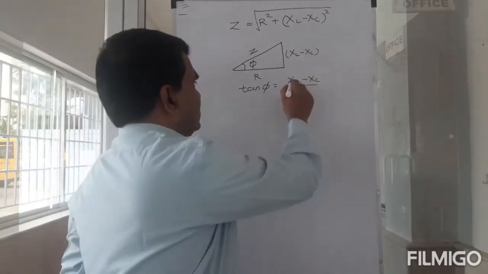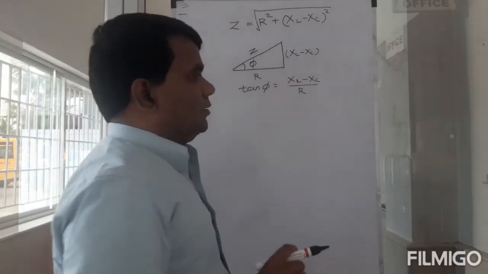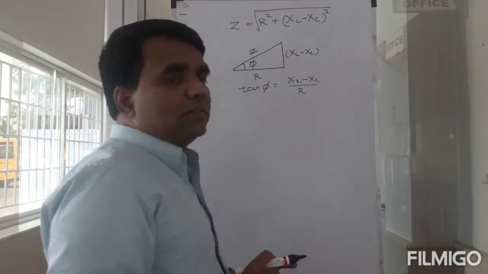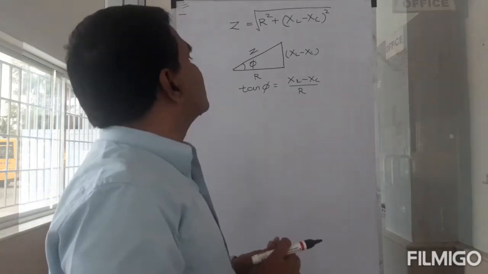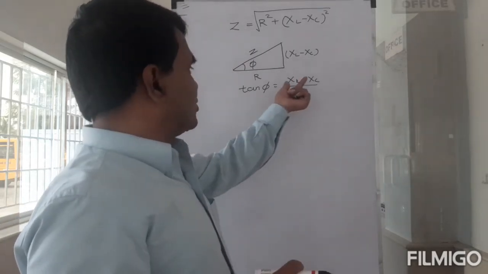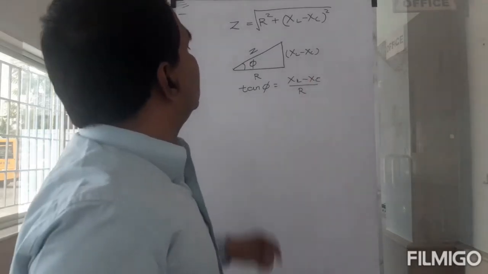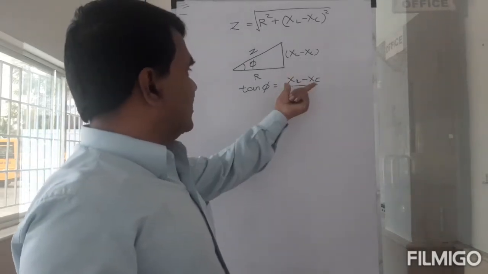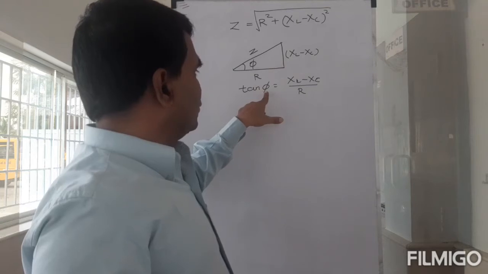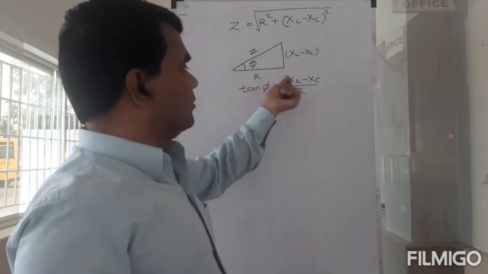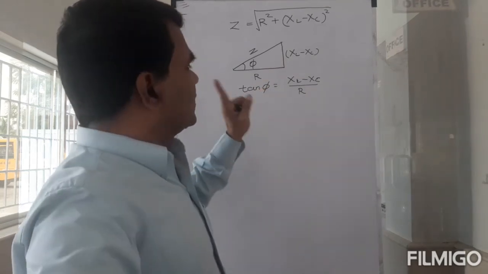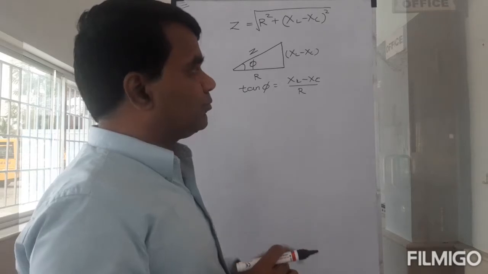Okay, but notice something here. I've chosen to have XL minus XC here, right? Okay. So tan phi is equal to XL minus XC by R. So if I know the value of tan phi, then I should be able to find phi. But think for a second.